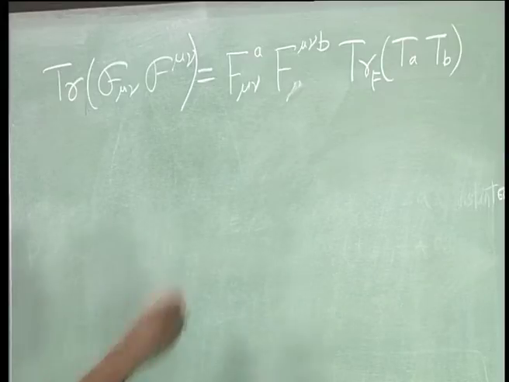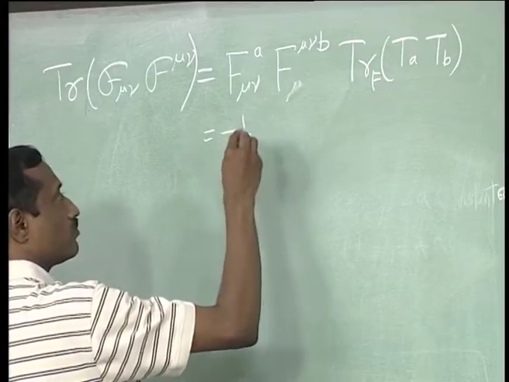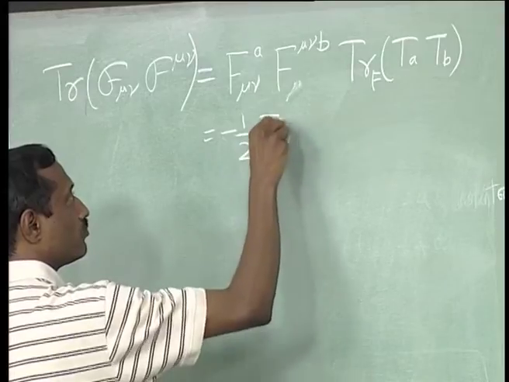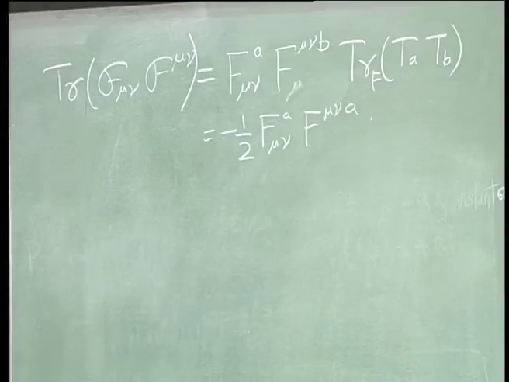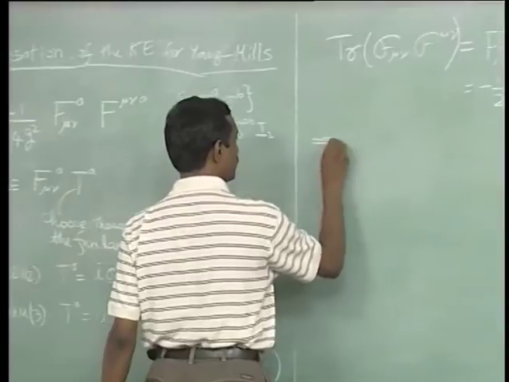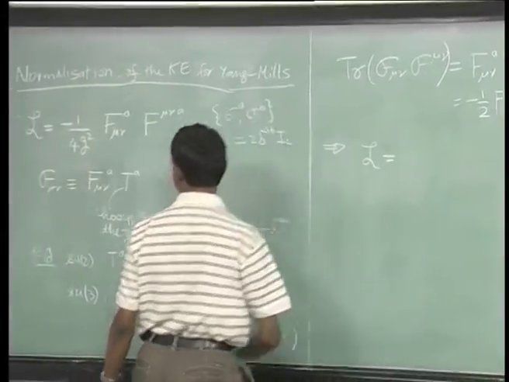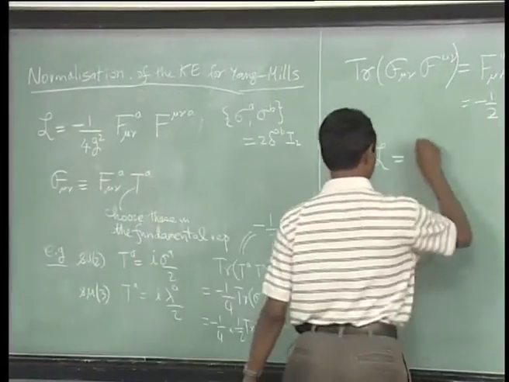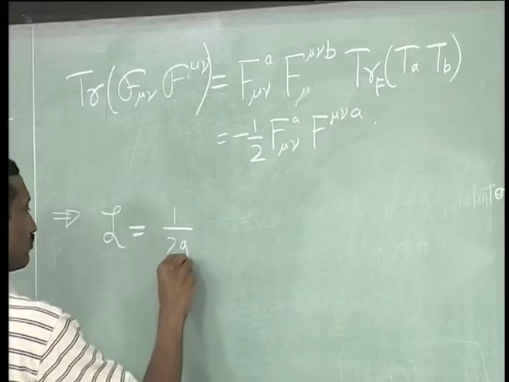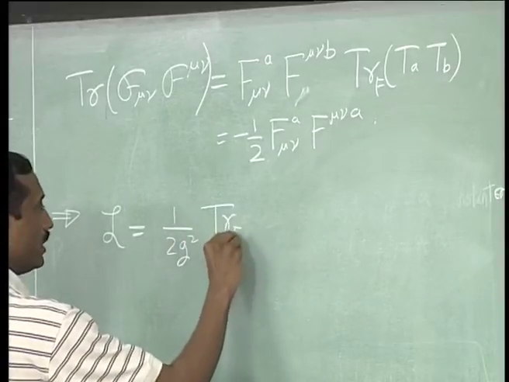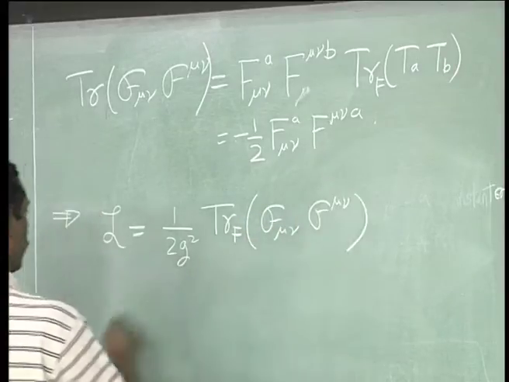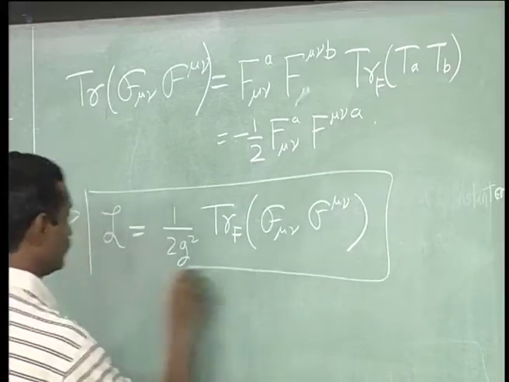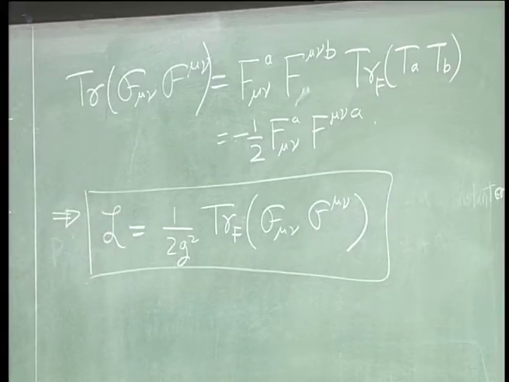So we can see that the same Lagrangian can be written in terms of matrix valued objects as follows: trace in the fundamental representation. So it goes back to the same thing.